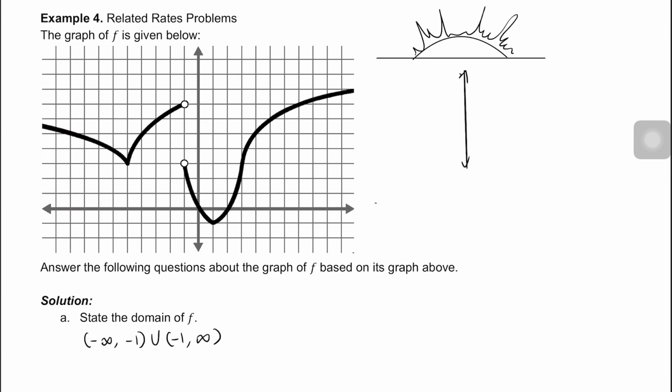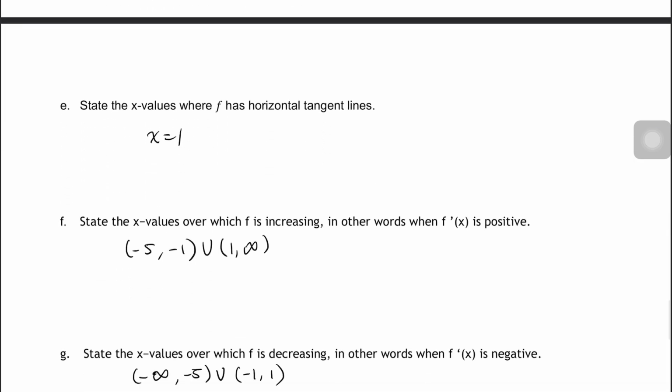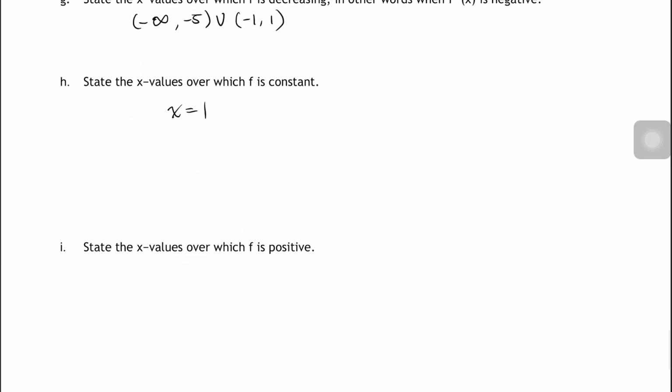So it's always going to be positive from negative infinity to negative 1, and then from negative 1 to 0.